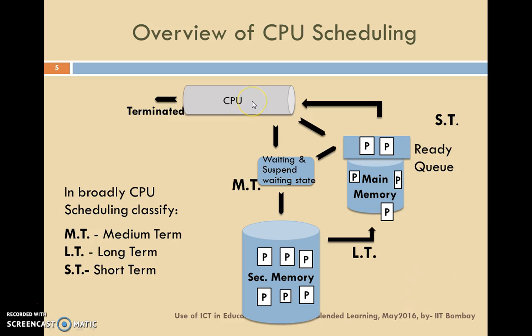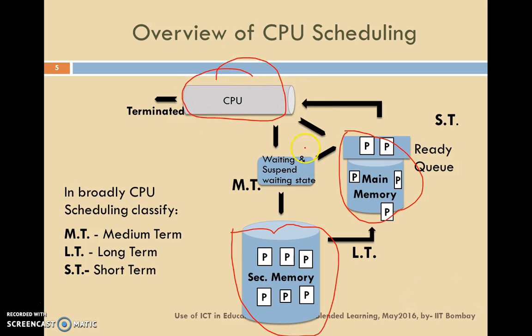Here I mentioned the CPU like this, but in the system it is not like this. Here is a hard disk, here is the main memory, that is the RAM, here is the CPU, and here is the mentioned waiting step.